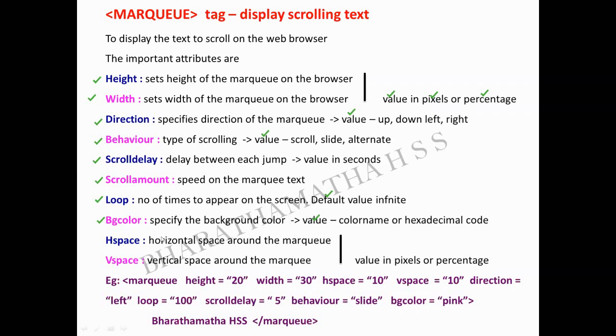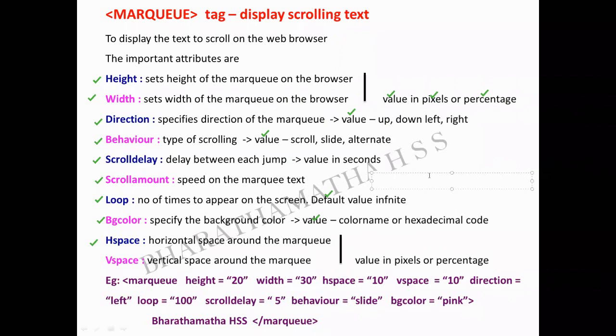Okay. Then the next is horizontal space. For example, just assume that this is one marquee. Moving like this is known as your width, and coming down like this is your height.